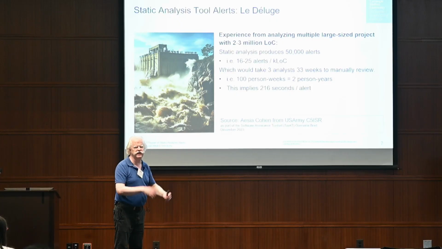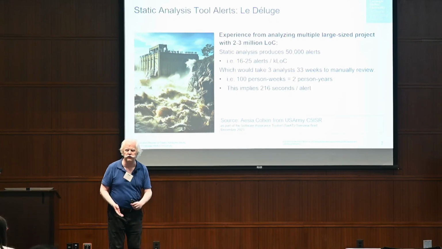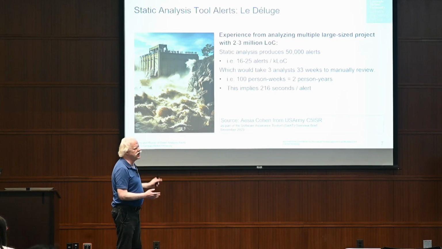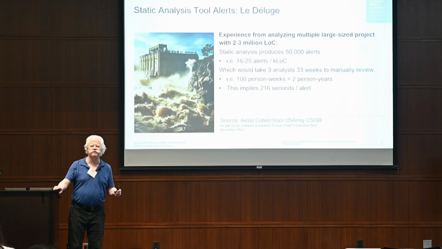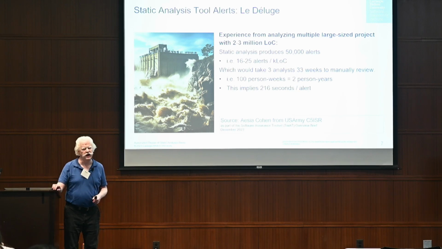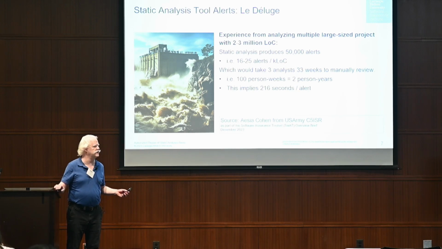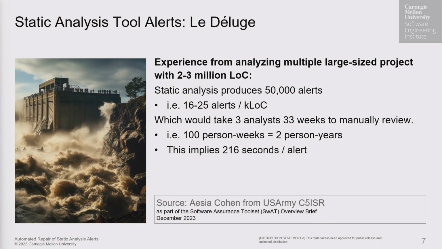Once they run the tools, they say, well, we can audit these for you, and it will take 3 analysts 33 weeks of effort. For the right money, we will audit those for you, and most clients take a look at those numbers and they back away slowly. So ultimately, this is a fundamental problem.